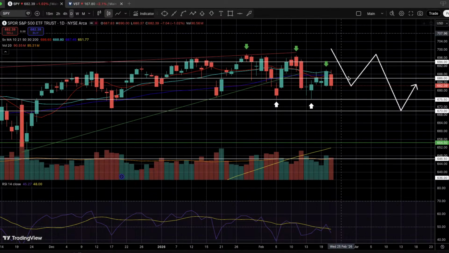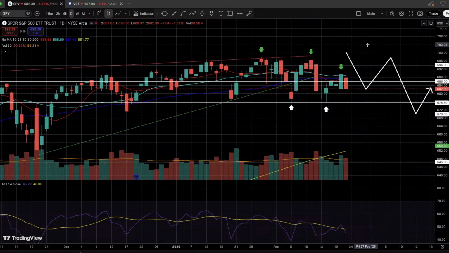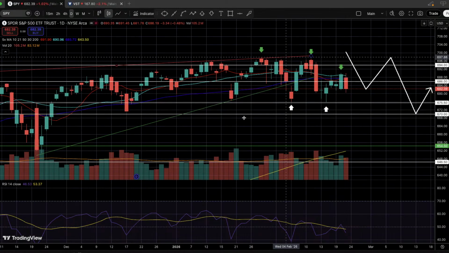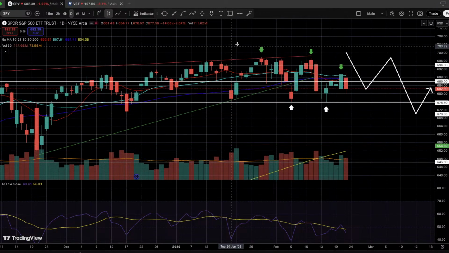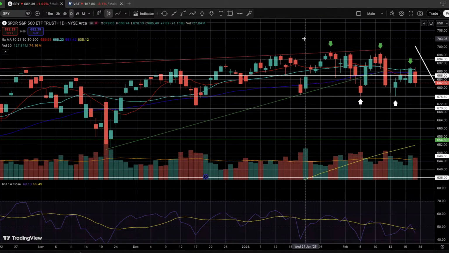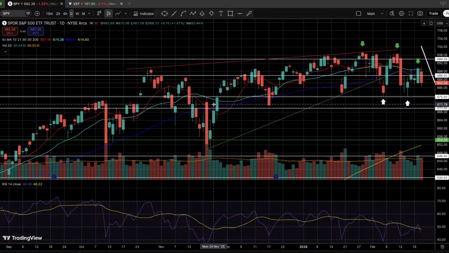We need to pay key attention to key levels, and I've already established 3 specific levels in the past. That was 686, 675.50, and 670. I think I gave you these levels back in November, either late November or early December.